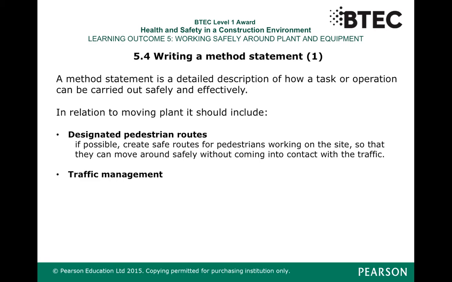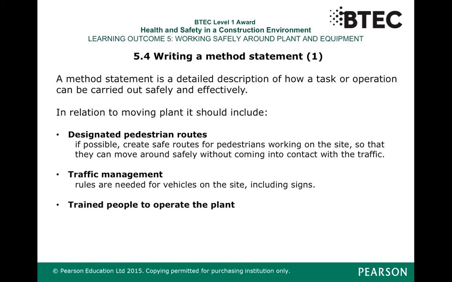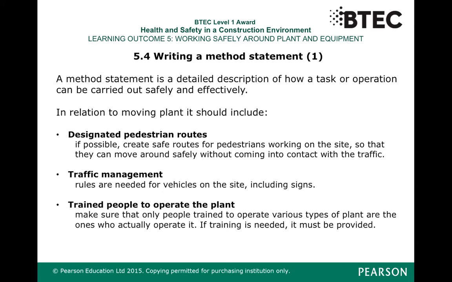It should include traffic management. So rules are needed for vehicles on the site, including signs and trained people to operate the plant. It makes sure that only people trained to operate various types of plant are the ones who actually operate it. If training is needed, it must be provided.